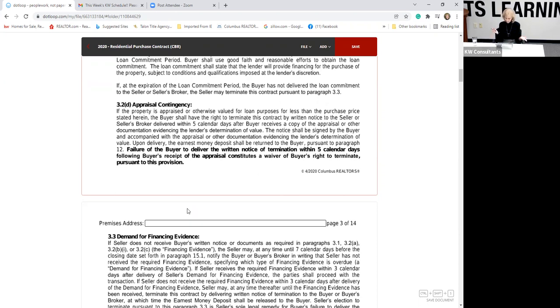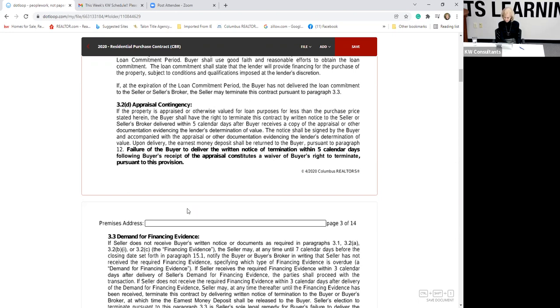So at that point, the buyer can say, hey, my purchase price was $300, it came in at $275. Frankly, now I don't want the house. Or the buyer and the seller might say, hey, we'll split it in the middle and let's make it work. Or sometimes if the buyer really wants the house, they'll go up to the $300,000.